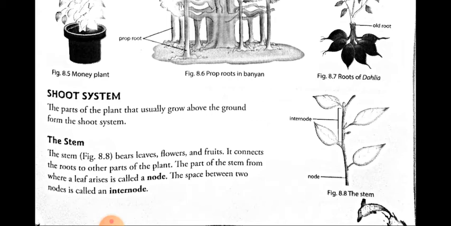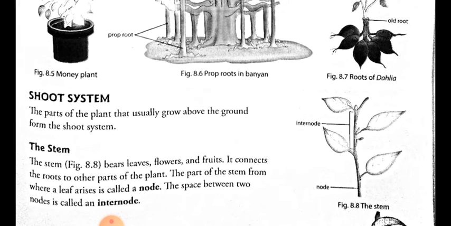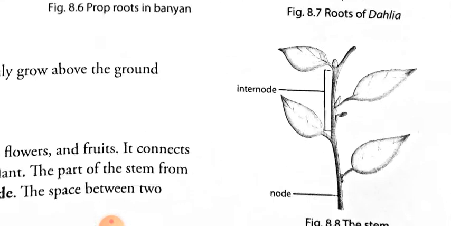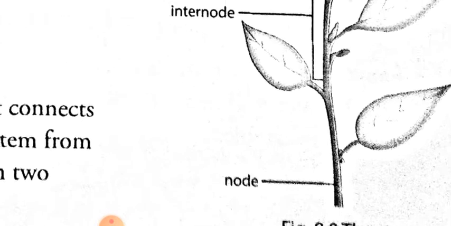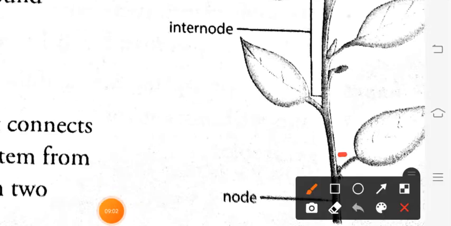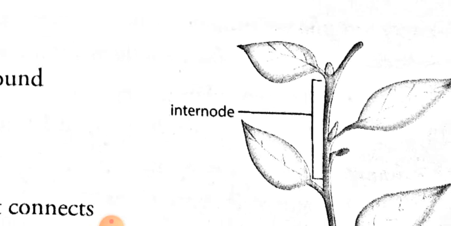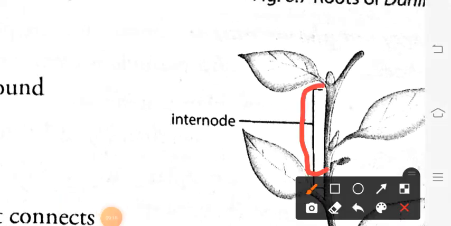The part of the stem from which a leaf arises is called a node, and the space between two nodes is called an internode. You can see here, the part of the plant where a new leaf arises is called a node, whereas the distance between two nodes, which is clearly explained here, is called an internode.